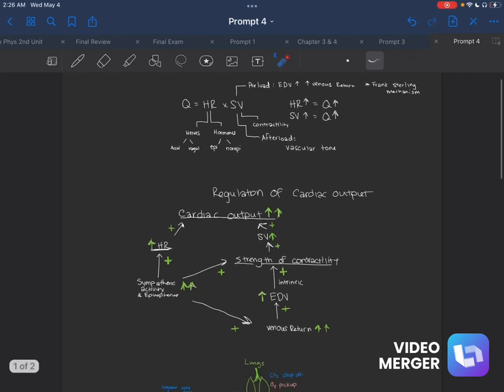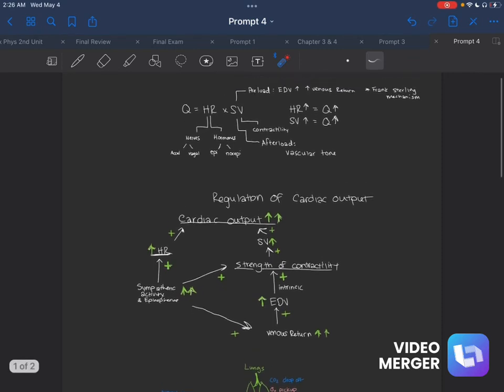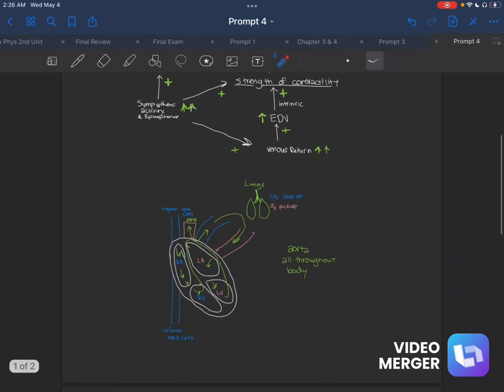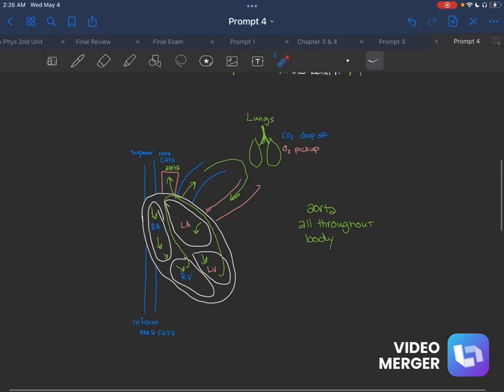So now that we can understand how the blood needs to get there, we need to know the whole cycle throughout the heart, and it's basically the direction it takes in order to get that blood delivered where it needs to be. So what you're going to see here is the superior vena cava and the inferior vena cava, which bring in deoxygenated blood.